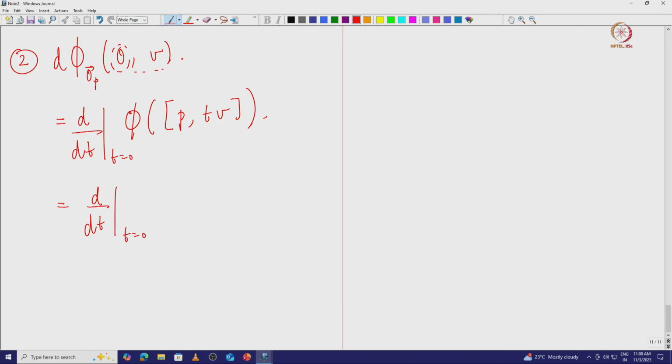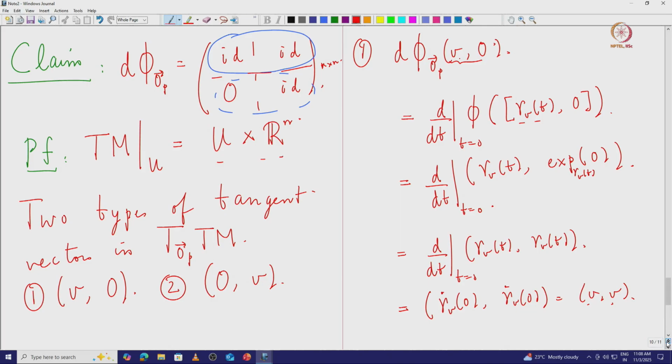By definition of phi, this is just going to be the projection to the first component, which is p, and then exp_p(tv). But the derivative of the exponential map at t equals 0 is precisely given by v, and the first component is a constant, so the derivative of that is going to be 0. So you get this. That accounts for the last n rows.